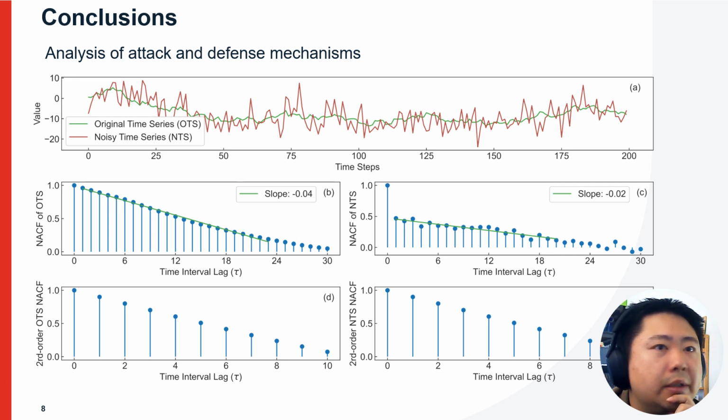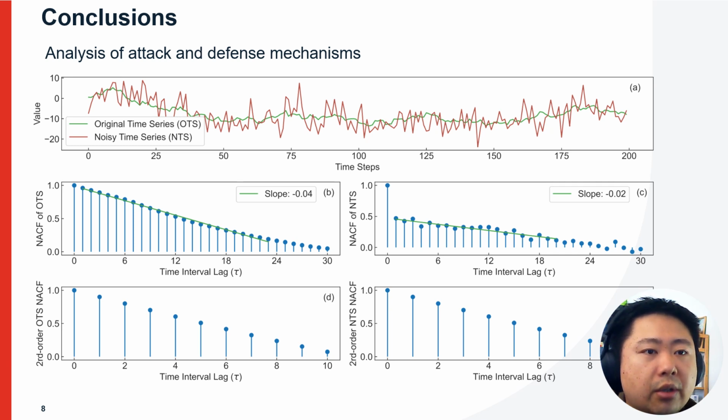So here, this figure is an illustration of how the neural network adapts to learning global information through the defense mechanism, employing the normalized autocorrelation function, NACF. It details key transformations: noise introduction, transforming the original time series into its noisy one, NTS, and smoothing via high-frequency filtering, like Gaussian filtering, restoring the noisy series to their original state.